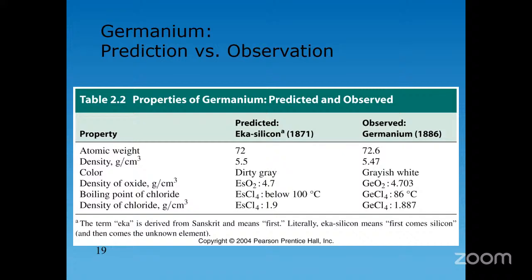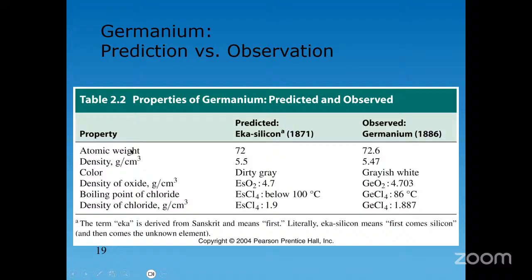And then when the element was actually discovered, you see that there's a close correlation between what he predicted and what the properties of this element actually are. The element we're talking about here is now known as germanium, but back then he called it ecosilicon, all right? This is what he predicted in 1871, and this is what was discovered in 1886.